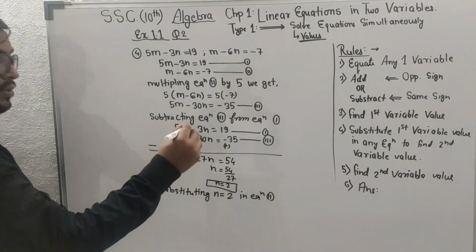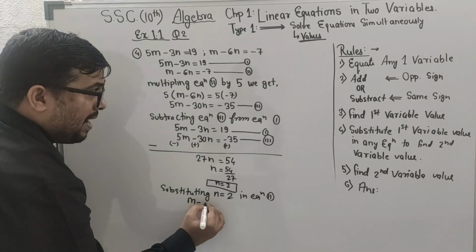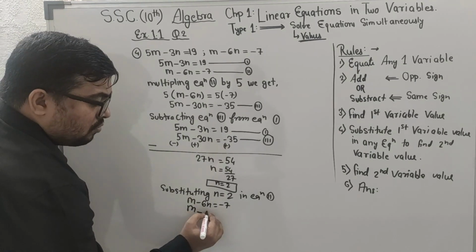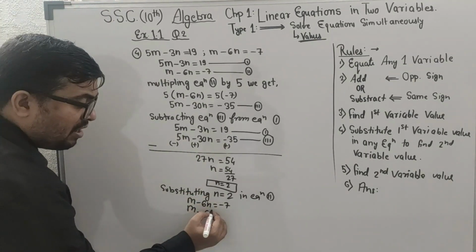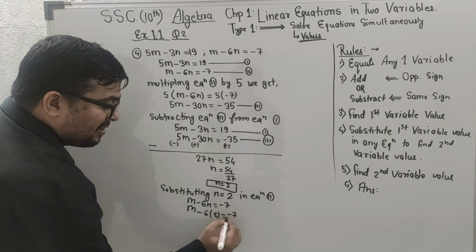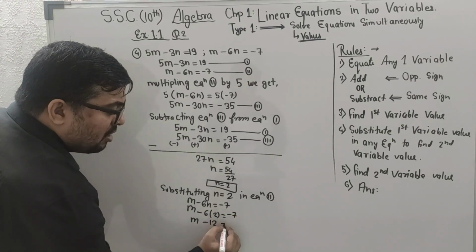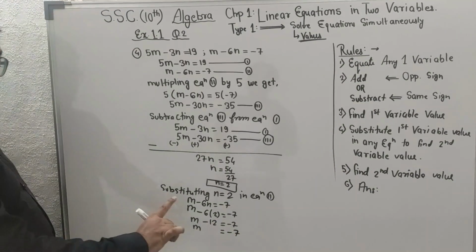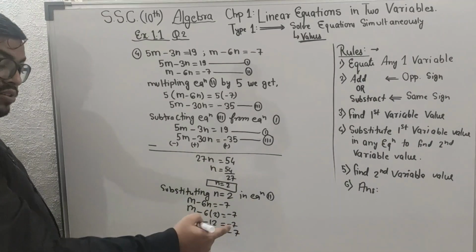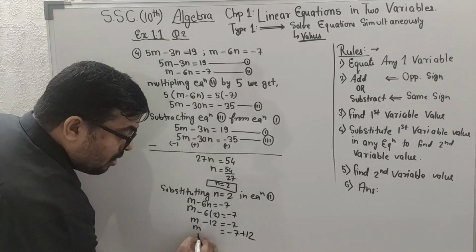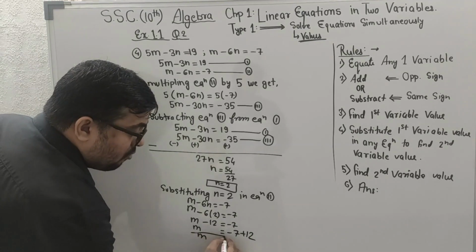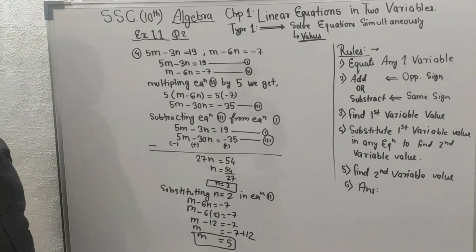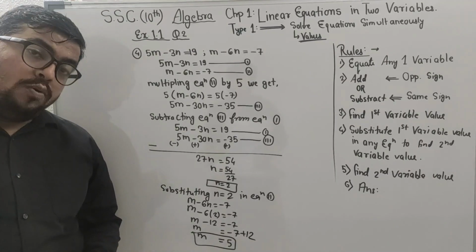What is equation 2, students? m minus 6n is equal to minus 7. m minus 6 into value of n is 2. m minus 12 is equal to minus 7. m is minus 7 plus 12, changing the opposite sign, becomes plus 12. m is equal to 5. You got value of m also, students. You will write answer m is equal to 5 and n is equal to 2.